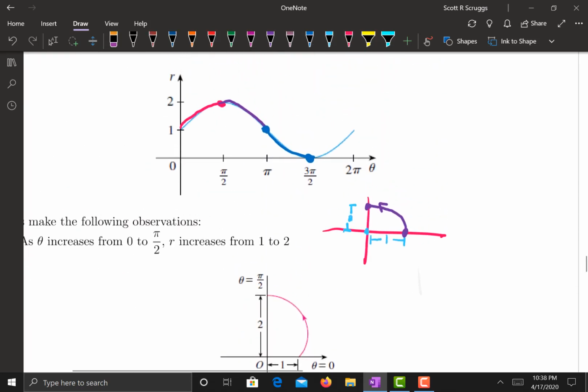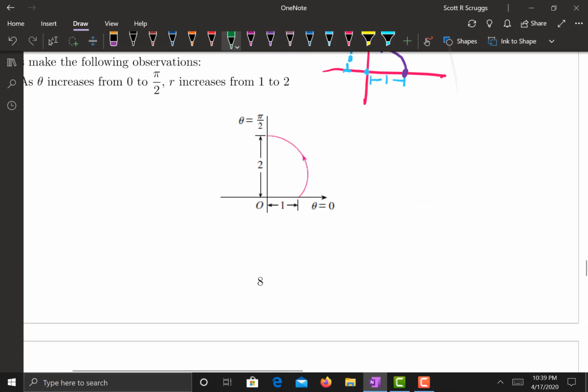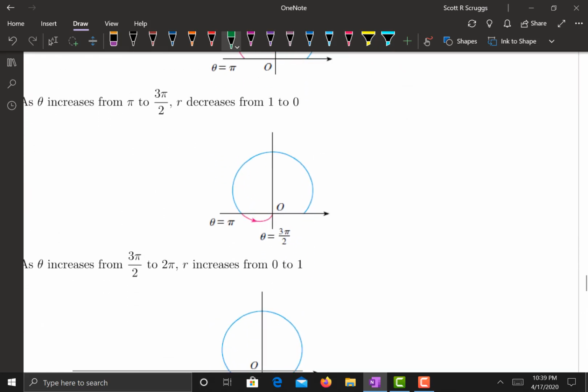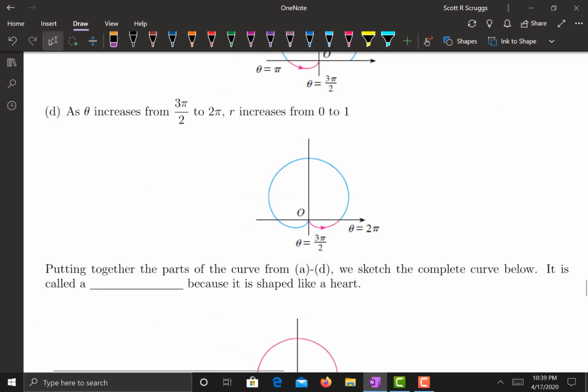And then as I go from 3 pi over 2 to 2 pi, I increase to 1, meaning from the pole, I land back at 1. And put those together, and that gives us our polar curve.